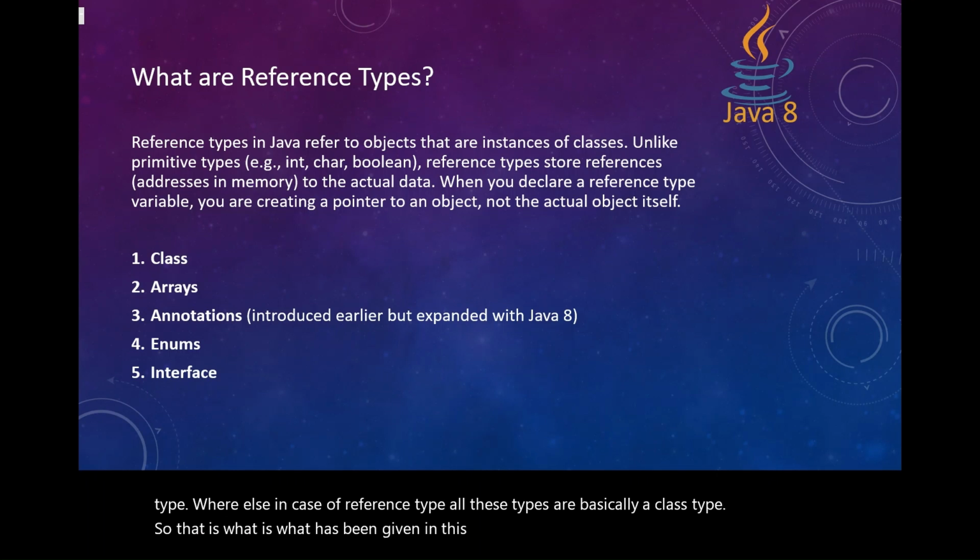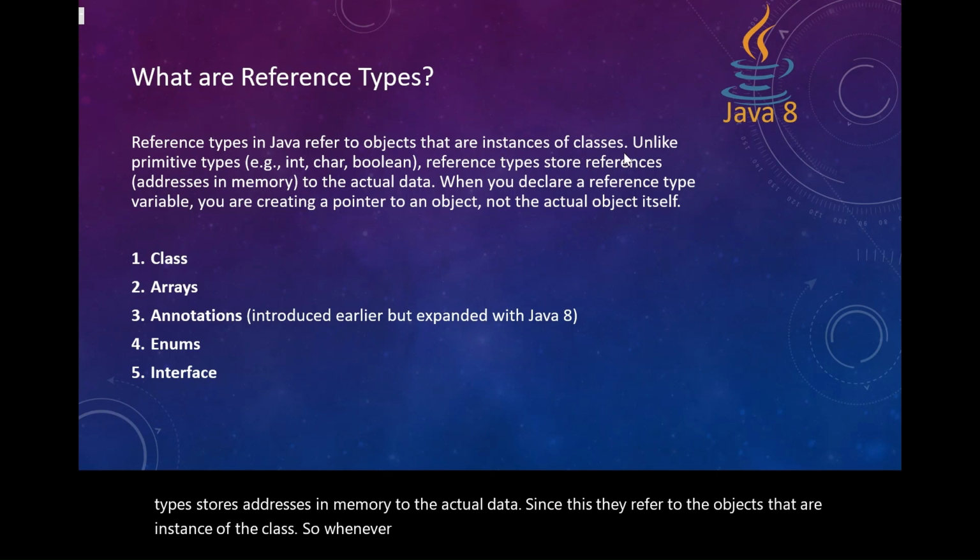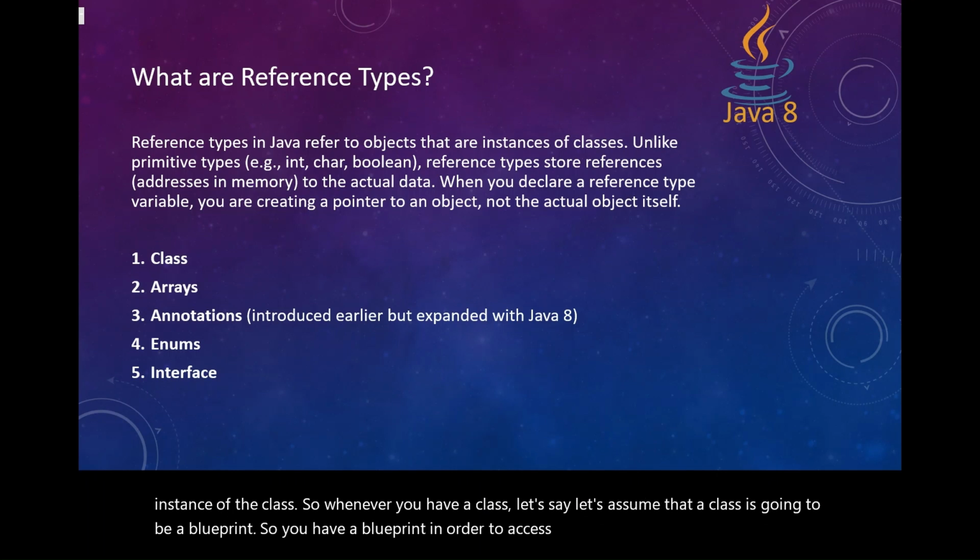Unlike primitive types, a reference type stores addresses in memory to the actual data, since they refer to objects that are instances of the class. Whenever you have a class, let's assume that a class is a blueprint. In order to access your blueprint, you need some objects.